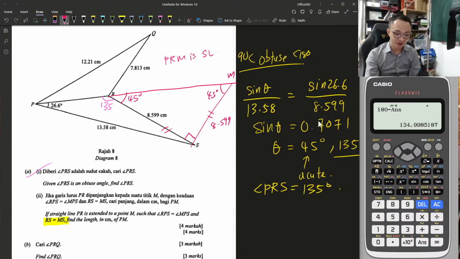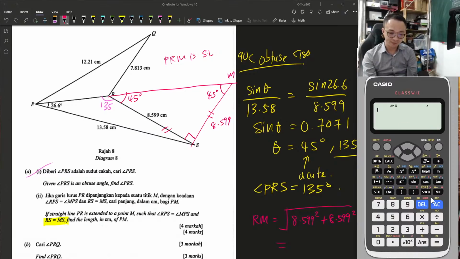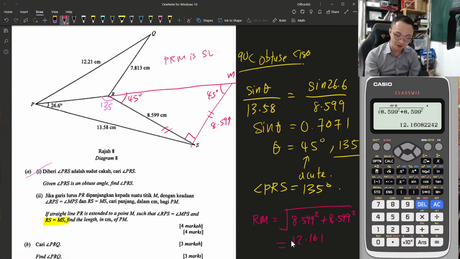So in order to find RM, it's basically the square root of 8.599 squared plus 8.599 squared. So it's about 12.161.